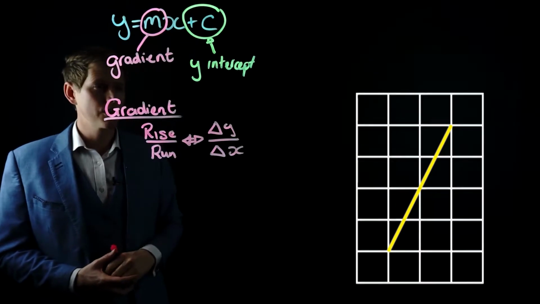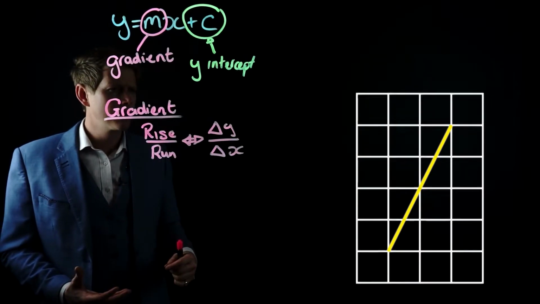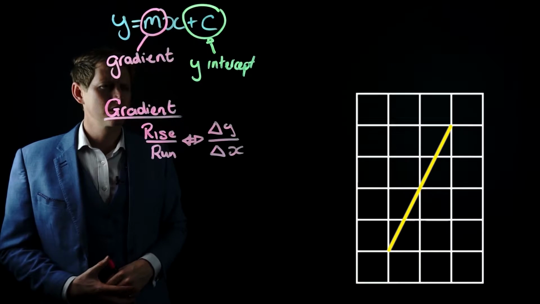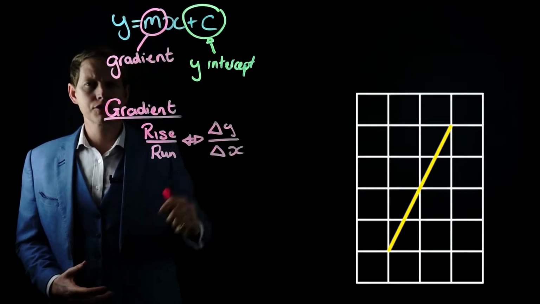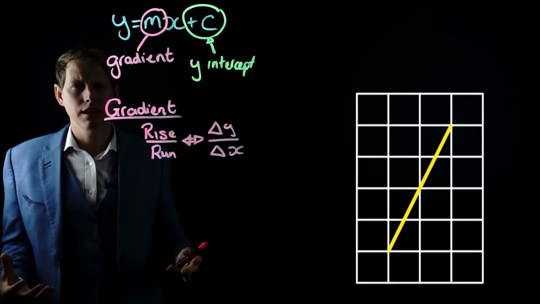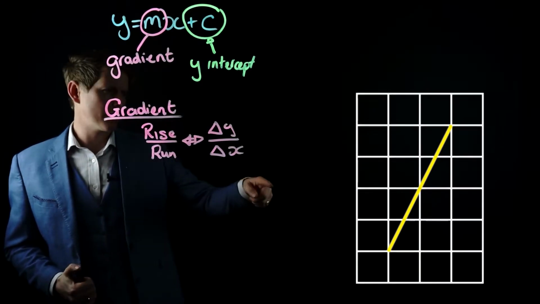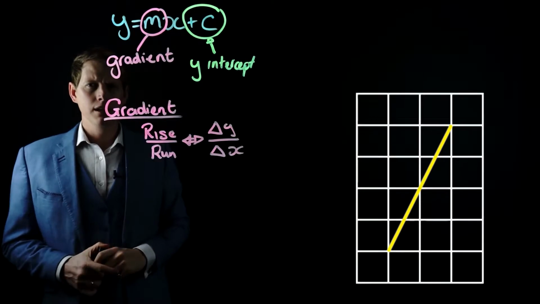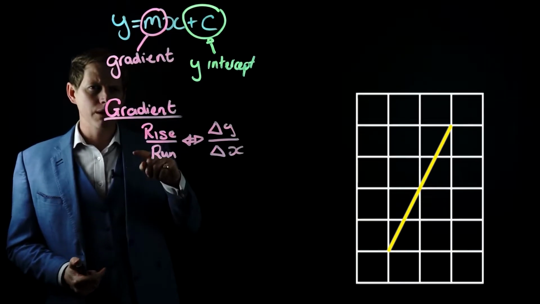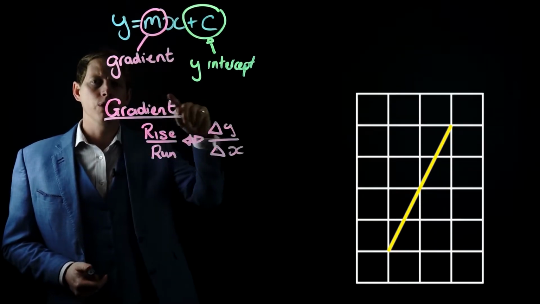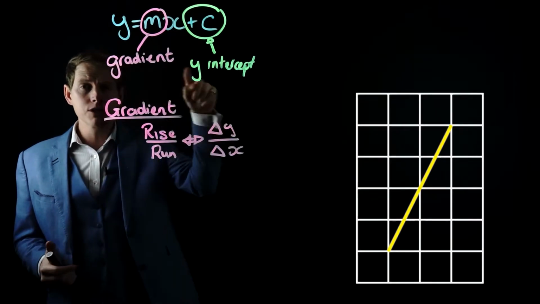This question goes 4 up and 2 across. So 4 over 2, that simplifies to 2. So the gradient of that line is 2. If you look at it, from the bottom corner to the top, it goes 2 up, 1 across, 2 up, 1 across, or 4 up, 2 across.